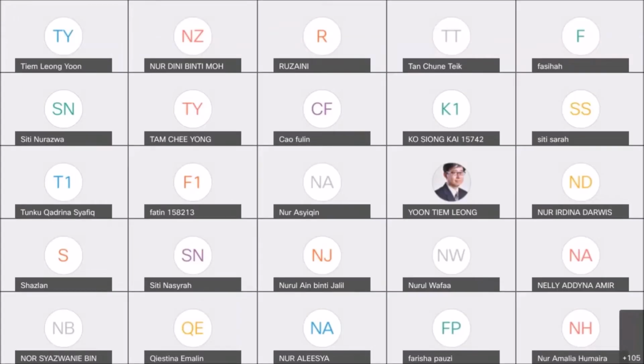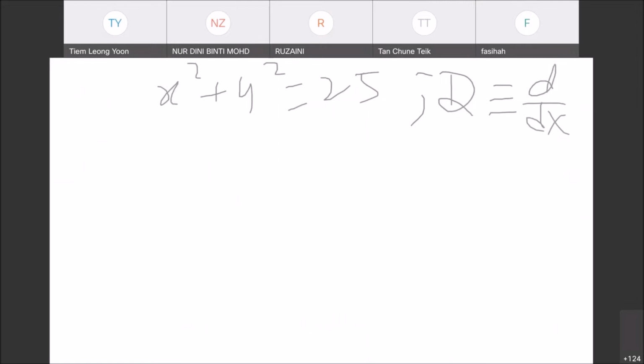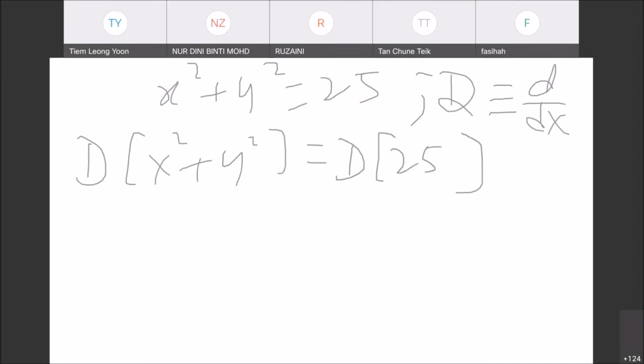Okay, so we have this situation, x squared plus y squared equals 25, and again we want to calculate dy dx. As I mentioned earlier, I would use d to represent d dx. So I'm going to operate the derivative on the left hand side and on the right hand side of the equation.